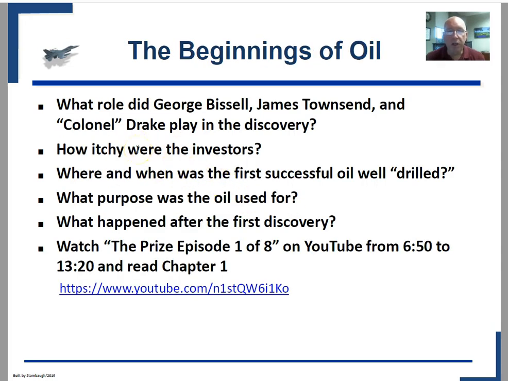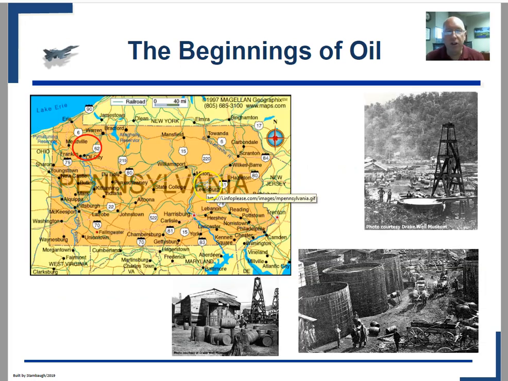I asked you in class to discuss some things that happened in the first 10 years of the oil industry that are pretty pivotal to the way things are today. And I would expect that you will probably be asked to do something very similar to that on the exam.